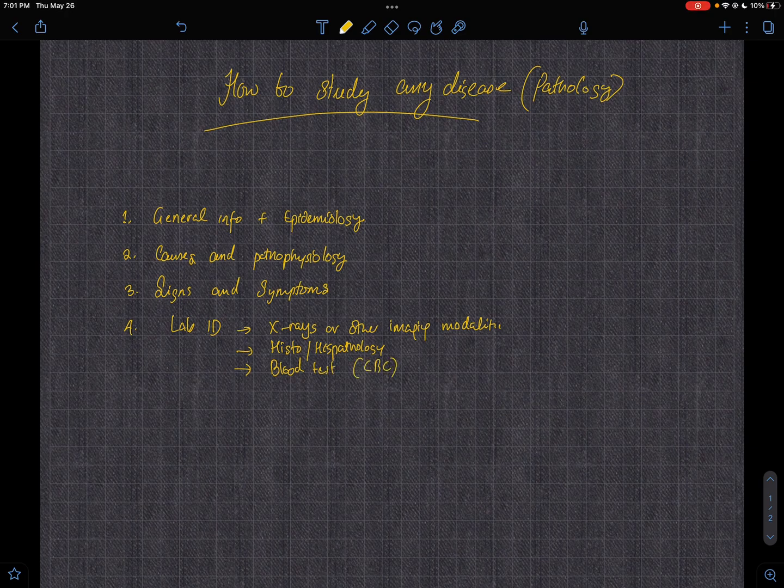So anything that goes to the lab, whether that's a biochemistry lab or histo lab or radiology department, anything. So that comes under lab ID. And the fifth would be treatment, of course. Treatment and prevention.